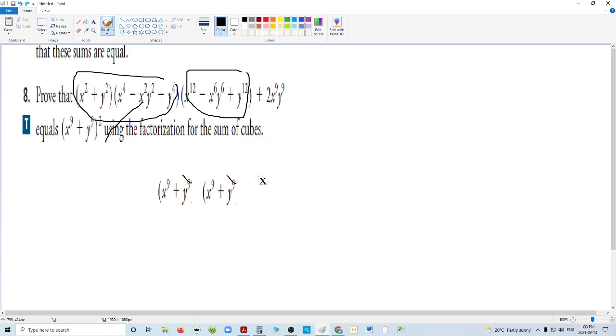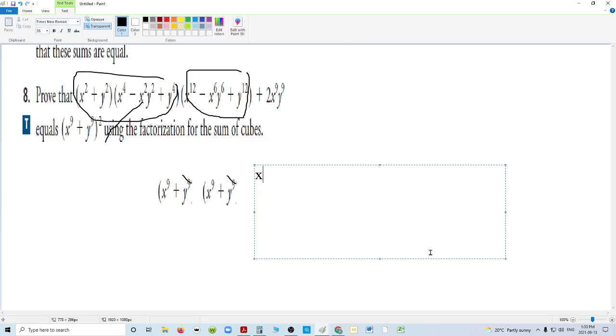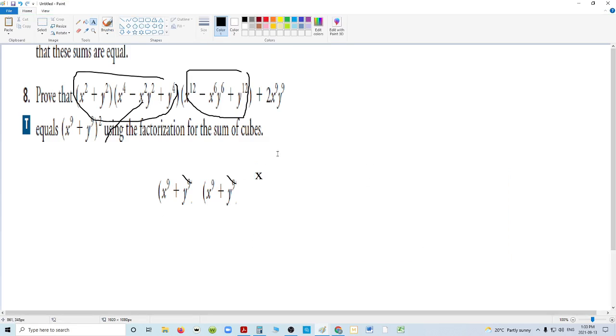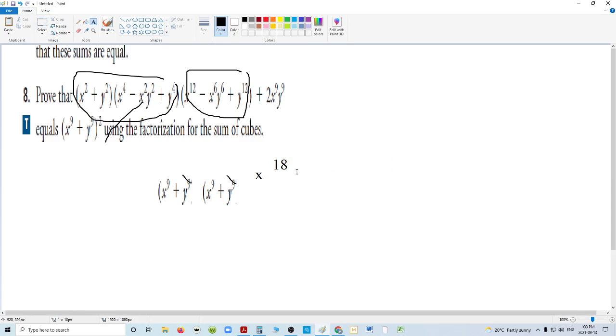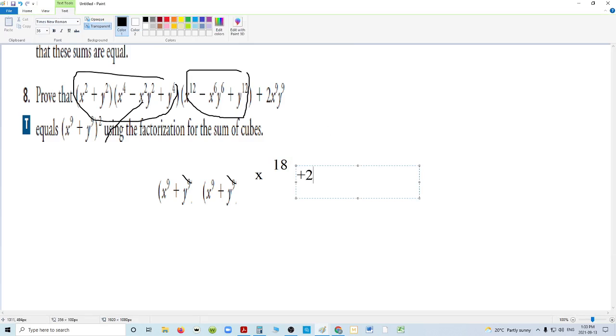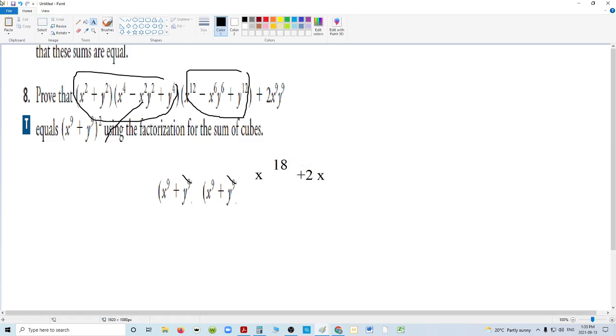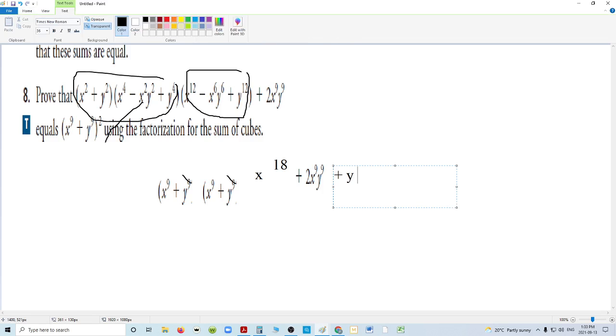Okay, so when I expand this, I'm left with x to the 18 plus 2 times those two terms, which is x to the 9, which is essentially this. And then the last term, which is plus y to the 18.